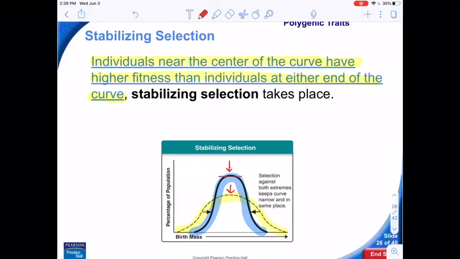See how it's right here now instead of down here. So individuals on either end have decreased because the extremes, in this case for birth mass, really small weight at birth versus really large weight at birth, were both causing not survival of the species, death of that organism, as opposed to having an average size or an average birth. So the graph is being stabilized to the center of the curve.